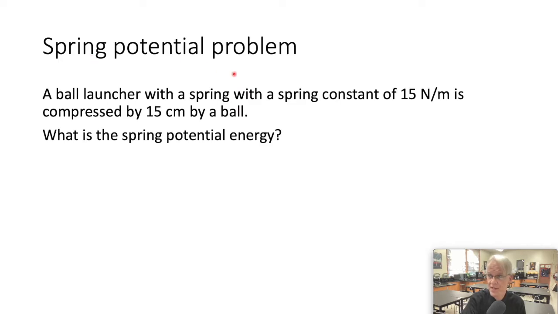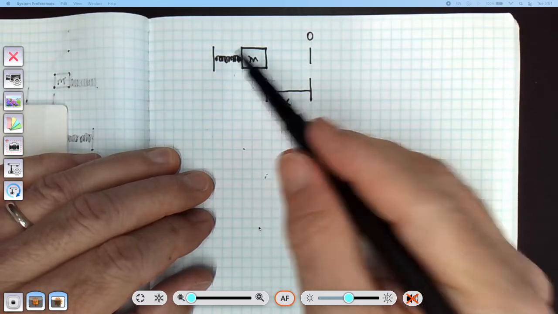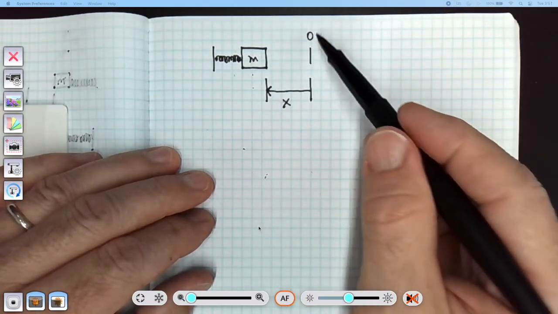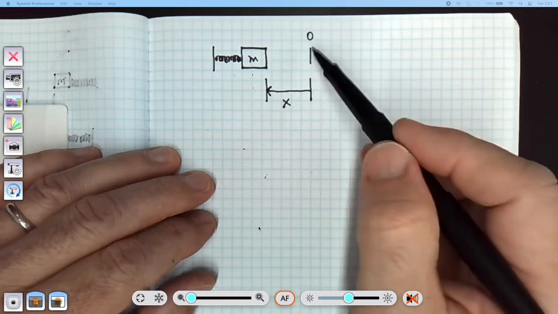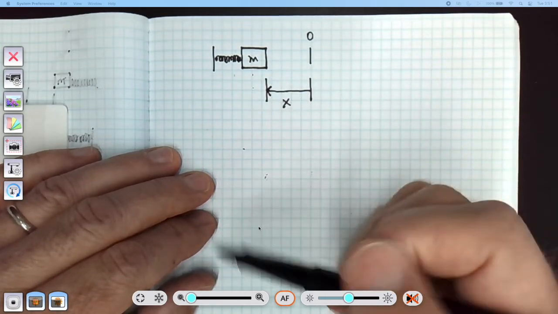A quick spring potential problem would be, say, a ball launcher with a spring on it. That spring has a spring constant of 15 newtons per meter. Notice that's the unit of our spring constant. Then we take it and compress it by 15 centimeters with a ball. What is the spring potential energy now? We have taken this spring, put a mass up against it, and pushed it from its equilibrium position to a position x back here.